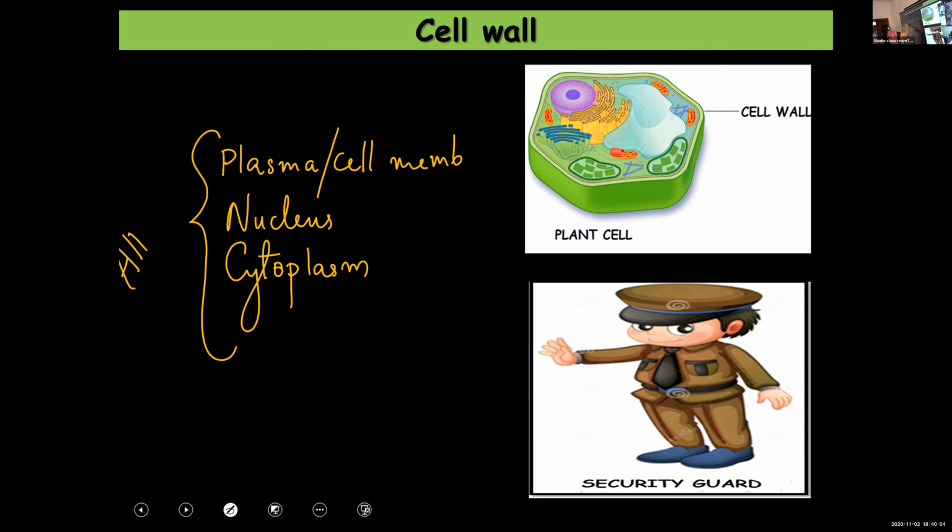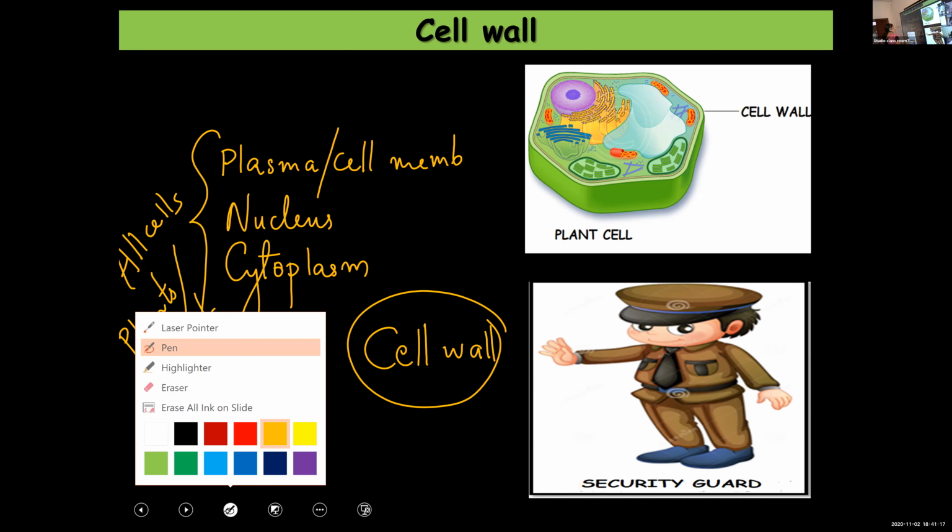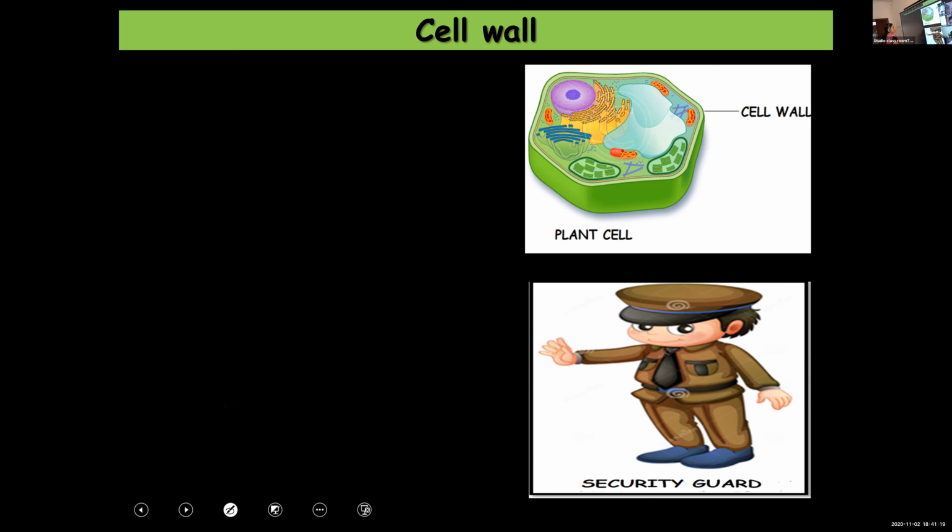That is, both plants and animals, you can find these components. Whereas cell wall is found in plant cells and not in animal cells. That is why we did not mention it under the main components of a cell. Hope you understood what I said.